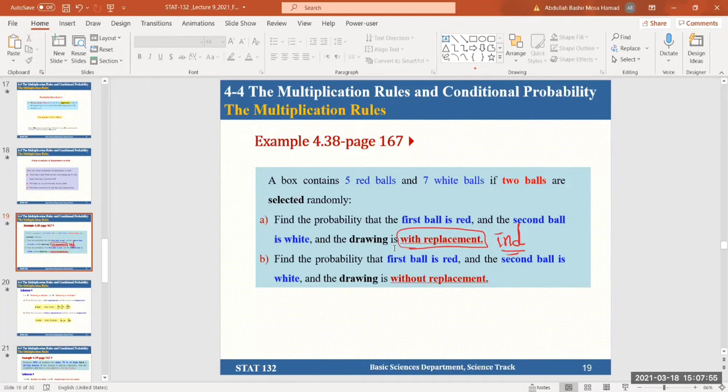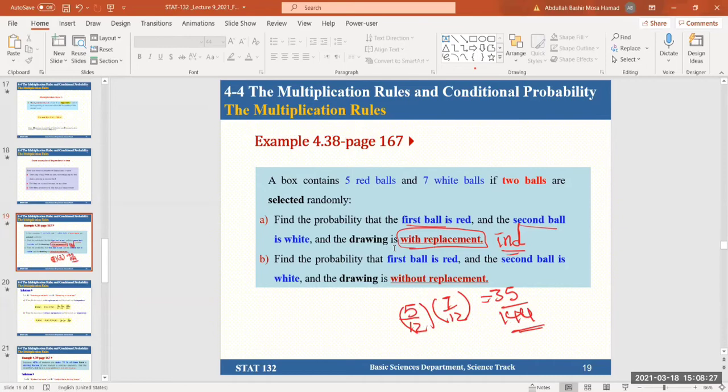Independent. So in this case, we just find the probability of the first ball red multiplied by the probability of the second ball white. The first ball red is 5 over 12, multiplied by 7 over 12. Yes. It is 35 over 144.